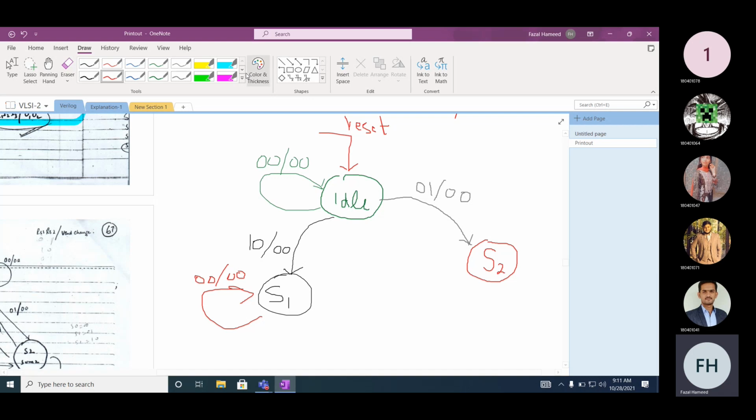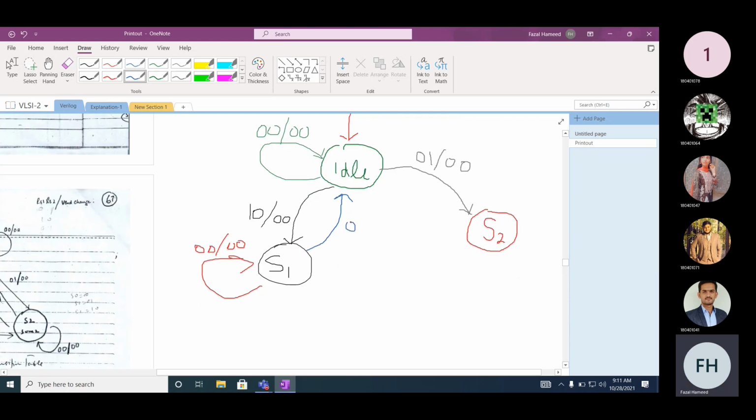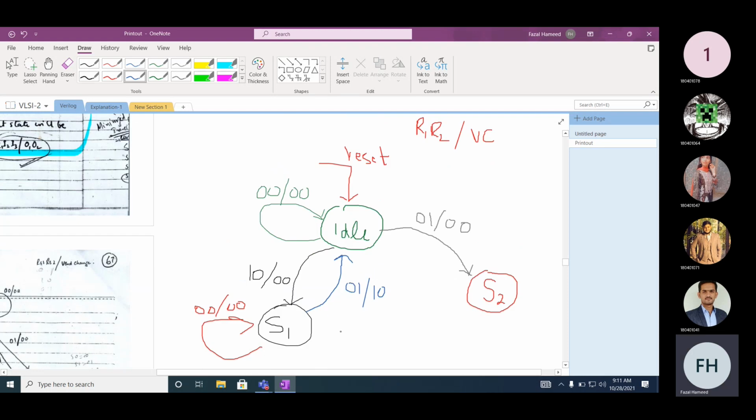Okay, now in this case, you're concentrating. Good. Now the input 1 0. 1 0 means rupees 1 has been inserted. The state is S1, the system has an accumulated sum of 1. The user has inserted a rupees 1 coin.